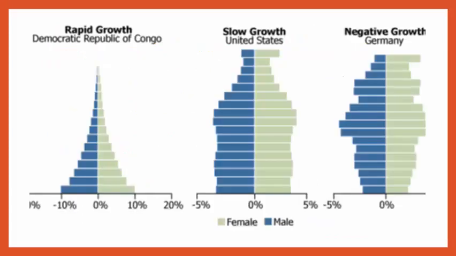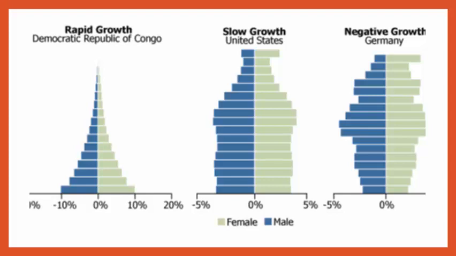Now we can look at some other population pyramids, and each pyramid shows some different trends. So the pyramid all the way on the right-hand side of the screen is the negative population growth, which is in Germany. So what happens with negative population growth is you have more people that are beyond their reproductive years than are younger than the reproductive years or in those years.